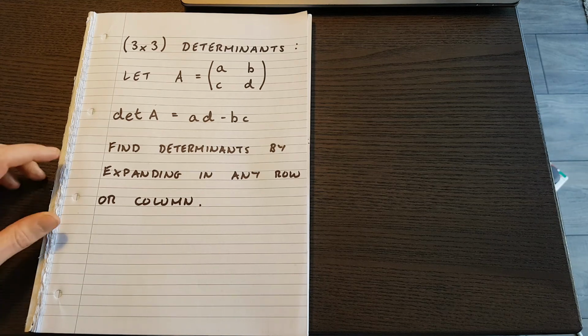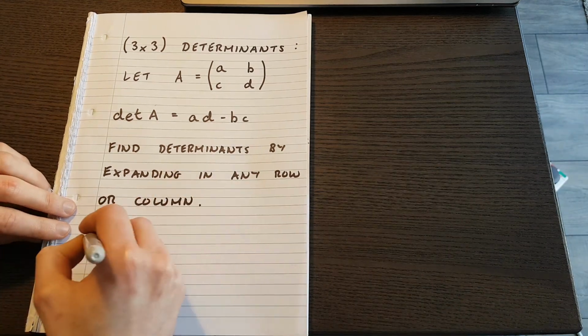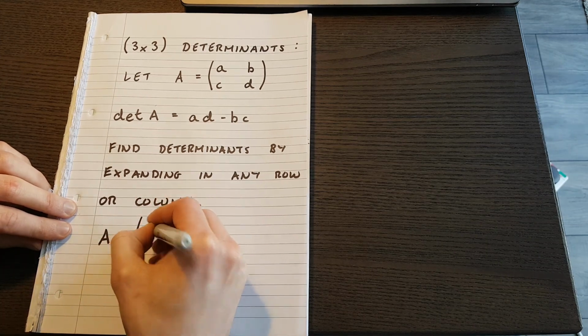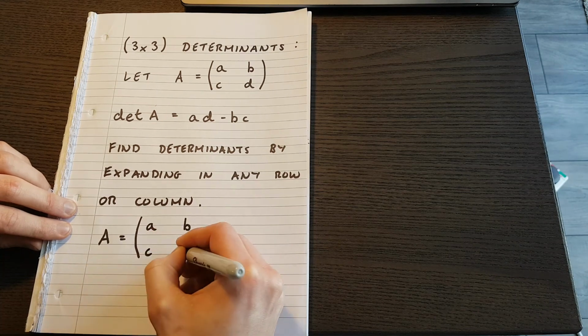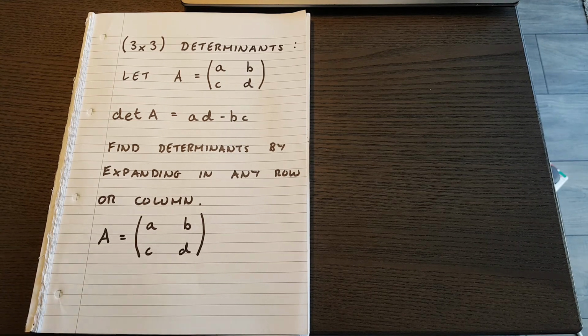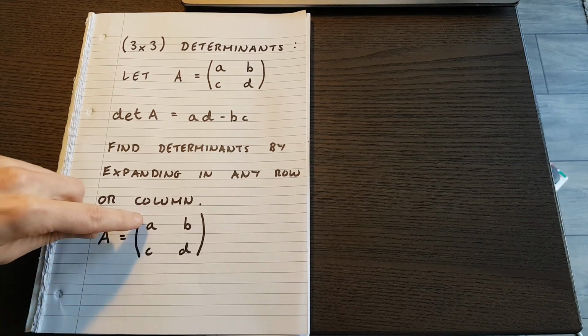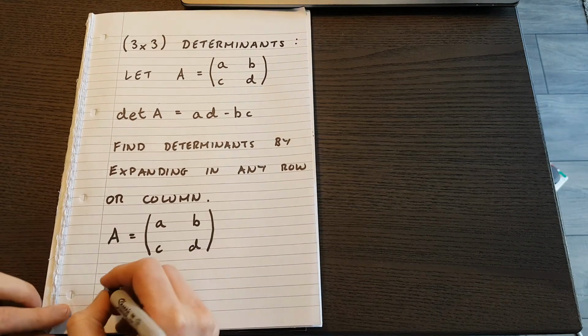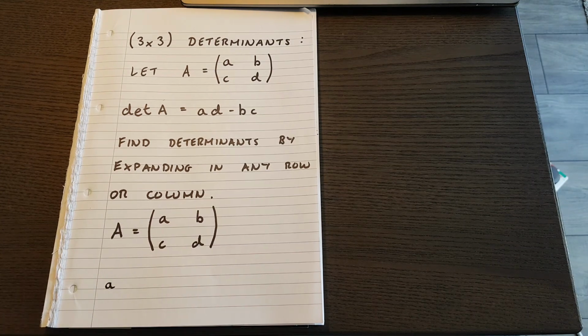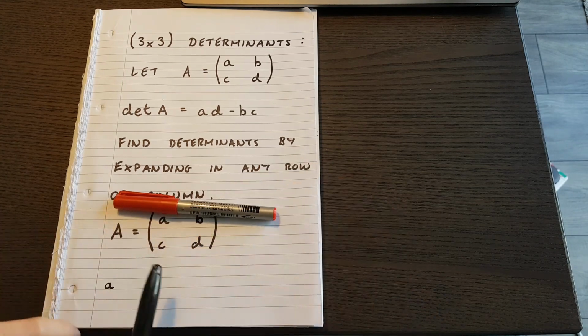In fact, I'm going to start with this one here. So let's take this matrix, A, with A, B, C, and D. The way this works is that I decide which row to expand in. I'm going to expand in the first row, which means I have my A and my B. My first component is A, and what I do is delete the row and the column that A is in.